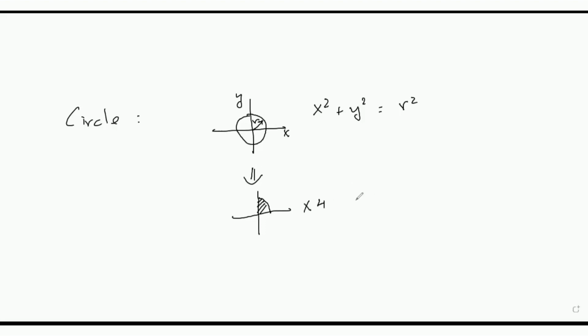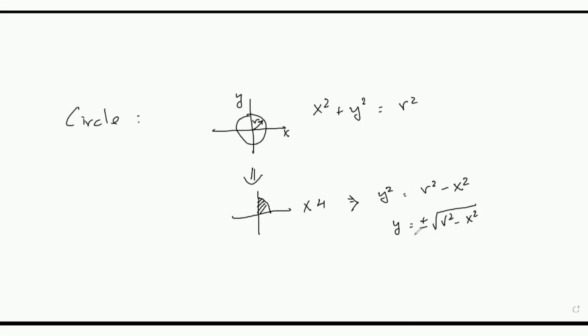First, let's find out what the function is that we have to integrate. So y squared equals r squared minus x squared, and that tells you that y equals the root of r squared minus x squared.